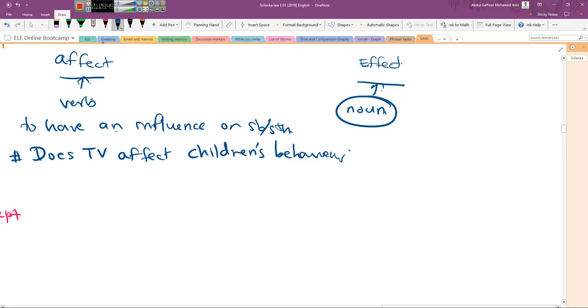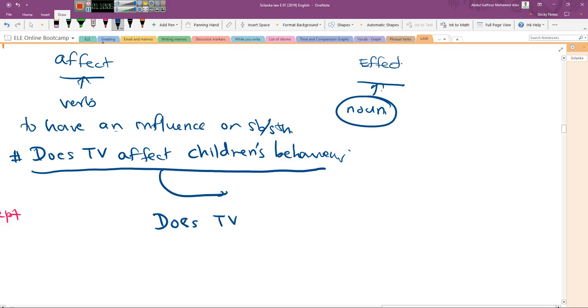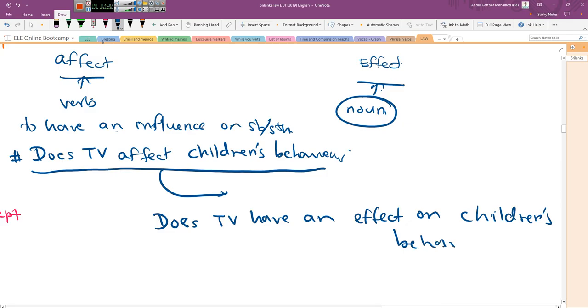It is the influence that something made on something. So you can convert the same sentence like this: does TV have an effect on children's behavior? You see here the differences. Does TV affect, this is a verb, but here does TV have an effect, this is a noun.